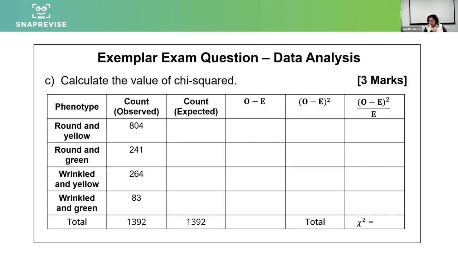I am told in this question that she expects the usual phenotypic ratios seen in a dihybrid cross, assuming no linkage or anything else. What are the expected phenotypic ratios seen in a dihybrid cross? Well, they're 9, 3, 3, 1, aren't they?